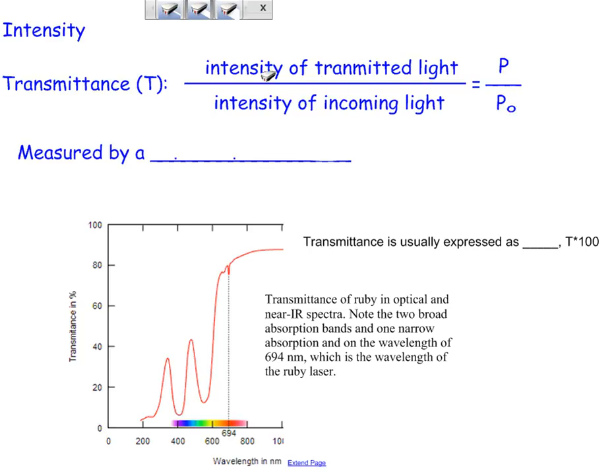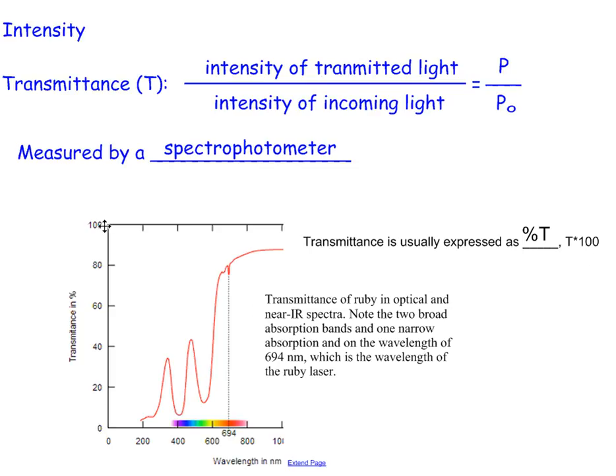The numerator is the amount of light that passes through the sample at a specific wavelength. And so we look at that ratio with a spectrophotometer, and that's called transmittance.